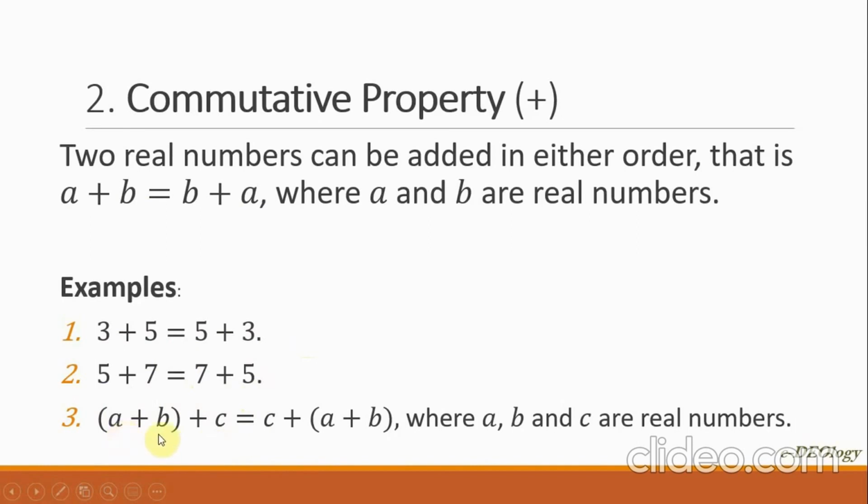The first two letters, A plus B, are grouped together, and on the other side, the C will come first and the group A plus B will be last. This idea still falls under the commutative property under addition.